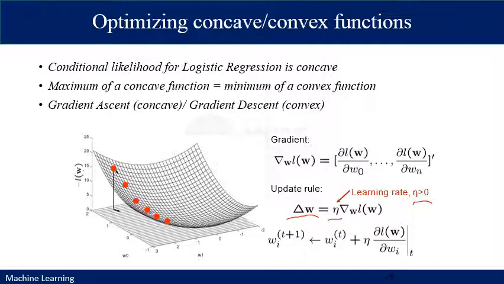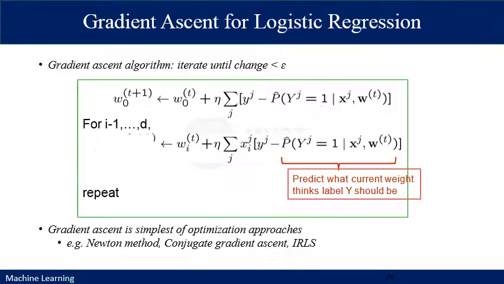At each step our weights will be updated with respect to the partial derivative of our loss function with respect to our weights, multiplied by the learning rate. Gradient descent or gradient ascent work in a similar mechanism for logistic regression, and they iterate until the change is less than our minimum error.